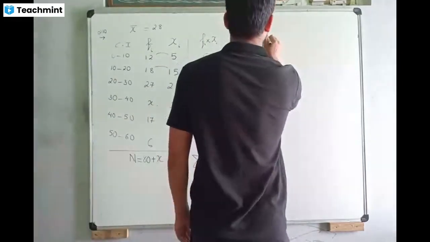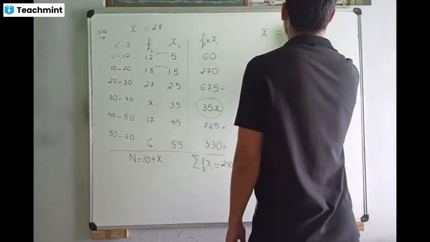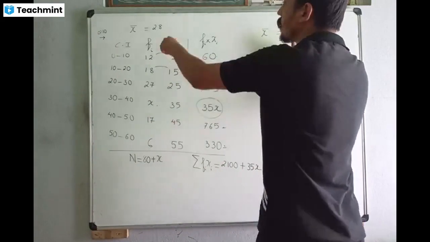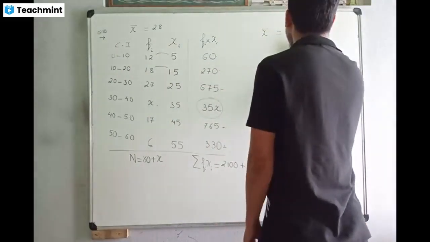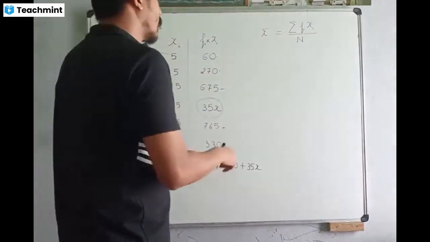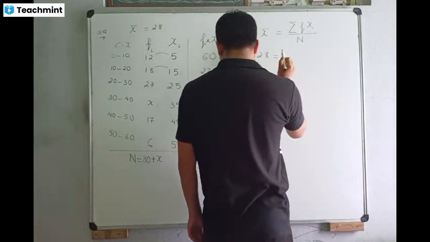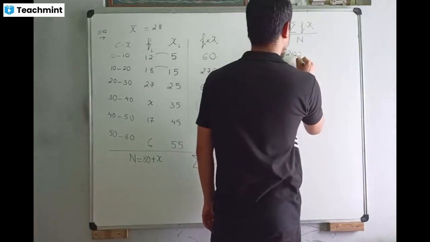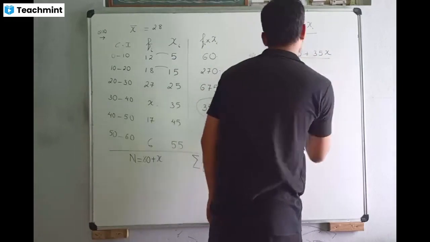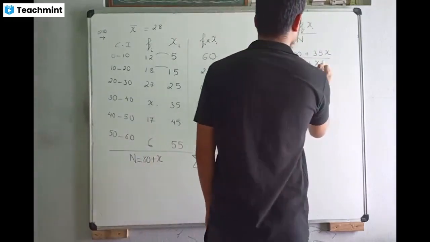Now, your arithmetic mean is given by the formula the total value of Fixi upon total frequency or the number of items. Your mean is given as 28. So 28 is equal to your Fixi, 2,100 plus 35x, upon N. Your N is 80 plus x.